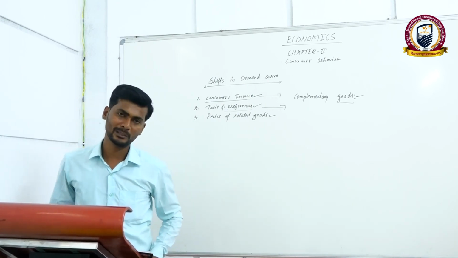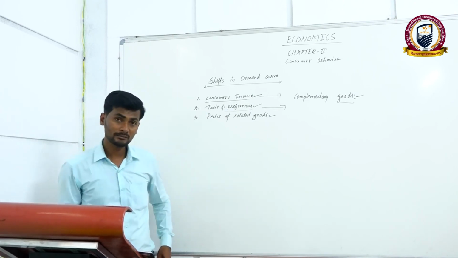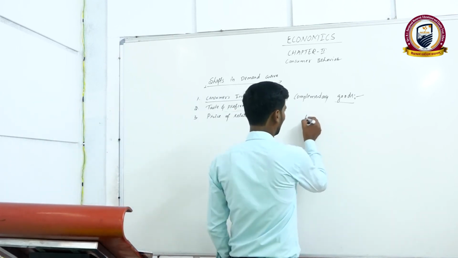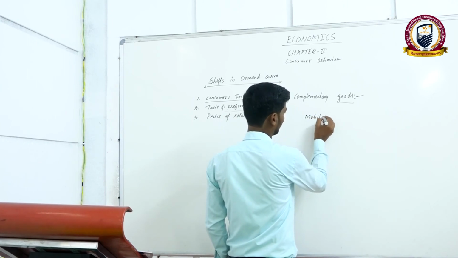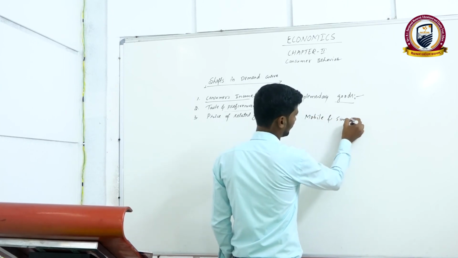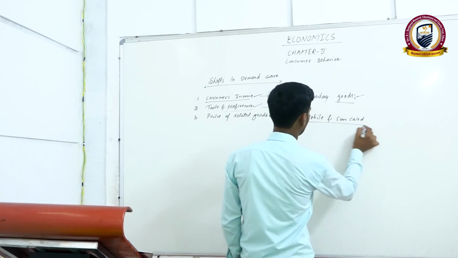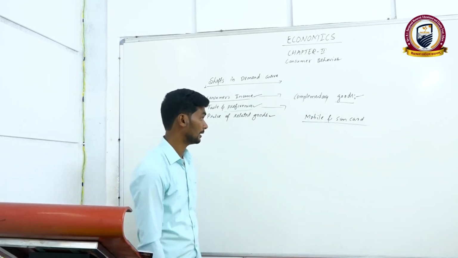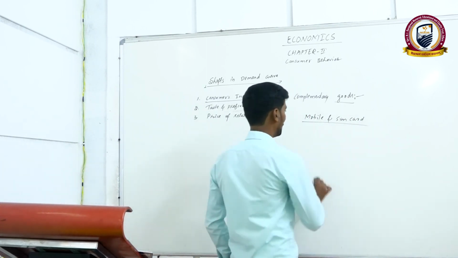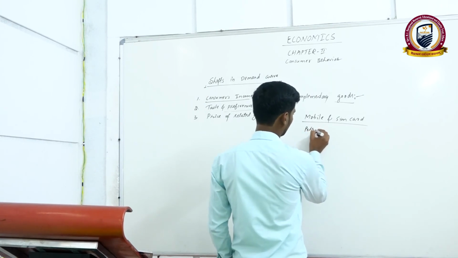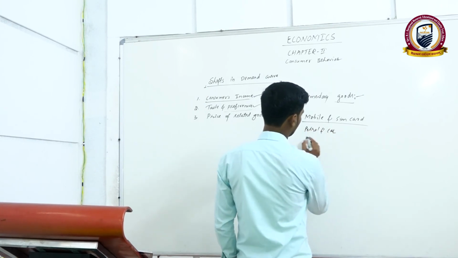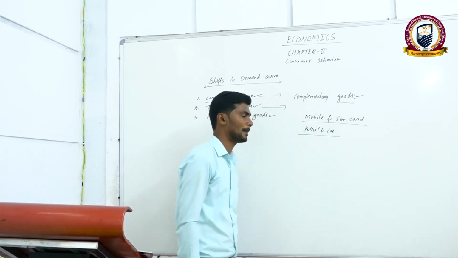That is called complementary goods. Examples, I will give mobile and SIM card. Examples for complementary good. And you can give some other examples as well. Petrol and car. Complementary goods.